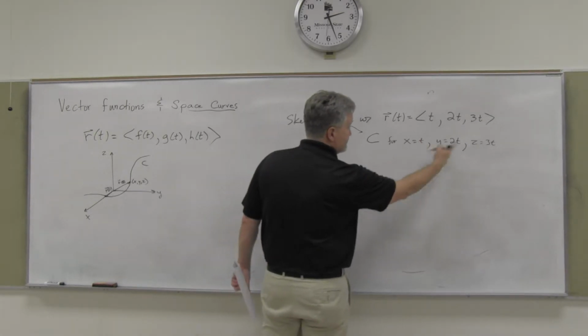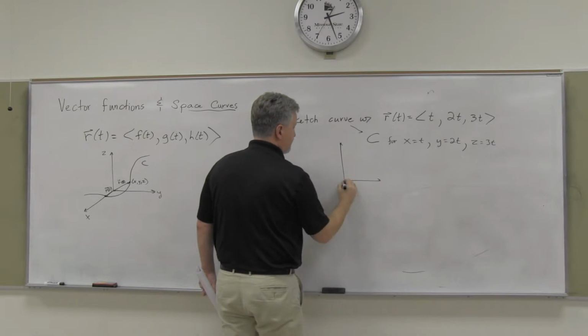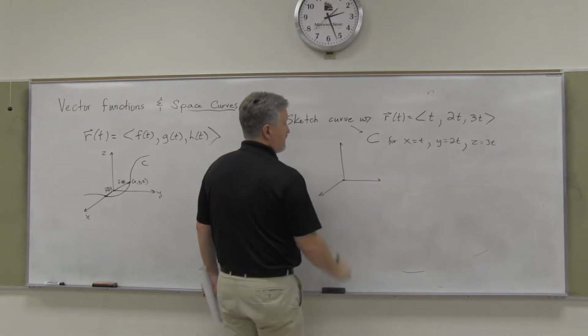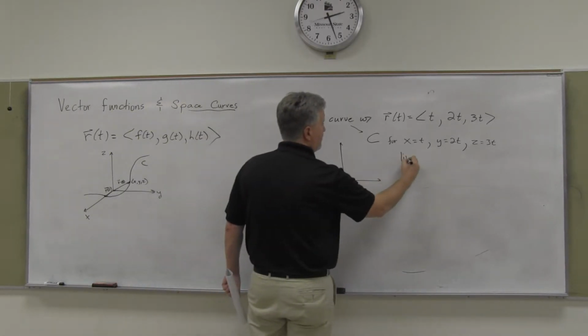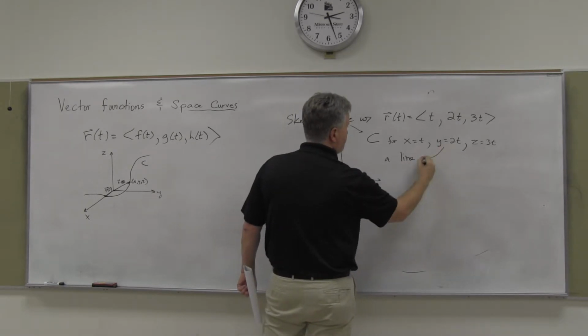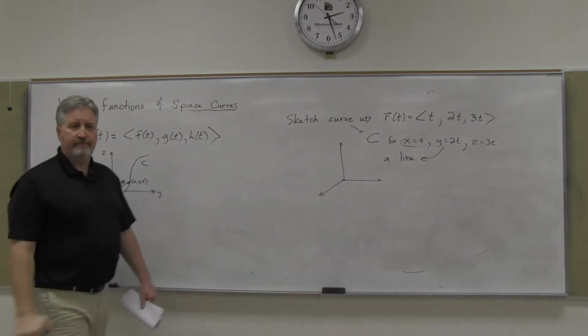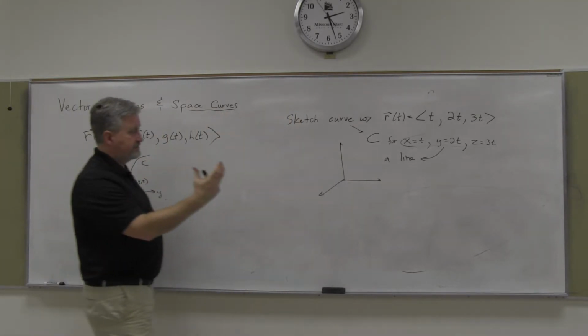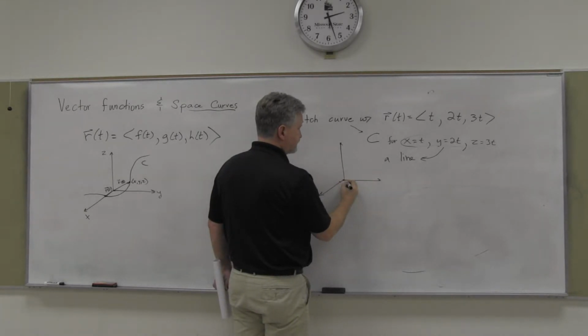And of course, t equals 0, we get 0, 0, 0. So these all put together, that's just a three-dimensional line. We've got 0, 0, 0. If t is 1, we've got x is 1, y would be 2, and z would be 3.